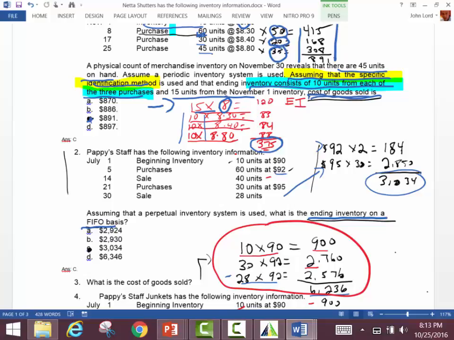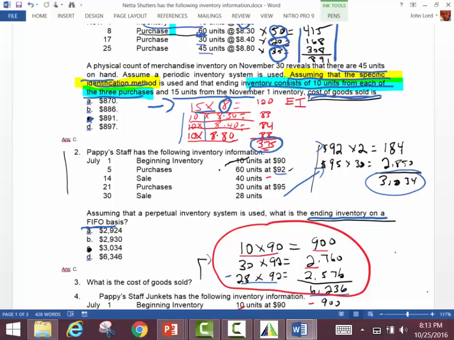So when they sell those 40, what are they going to do? They're going to first sell all of these, aren't they? So they're going to sell what? What are we looking for? Ending inventory? Okay, but we've got to figure out what's gone here to get ending inventory. So all of those 10 are gone, aren't they?